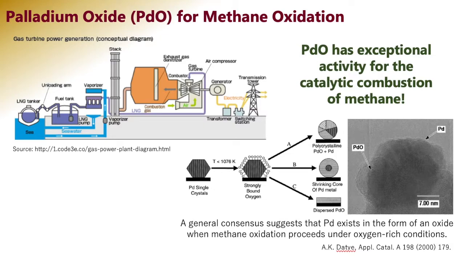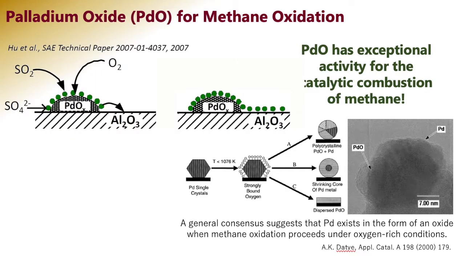In situ XRD and XPS measurements showed that palladium oxide 101 develops preferentially during the oxidation of pure palladium 100. Its formation coincides with the increased rates of methane oxidation, suggesting palladium oxide to be responsible for the exceptional activity of palladium-based catalysts for the catalytic combustion of methane.